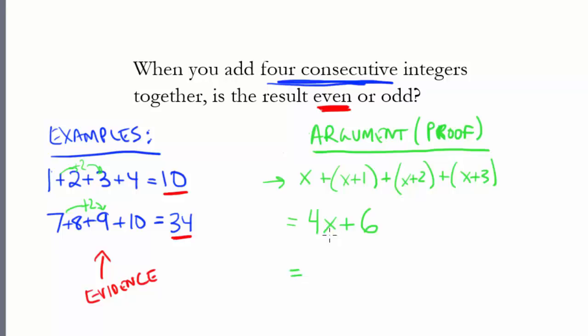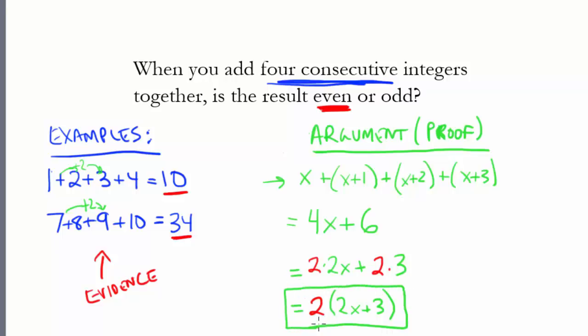Yeah, because 4x is nothing more than 2 times 2x, and 6 is nothing more than 2 times 3. Since they have the common factor of 2, I can pull that out just like we did earlier, and I'm left with 2x plus 3. So the sum of any 4 consecutive integers can be written as 2 times (2x plus 3).